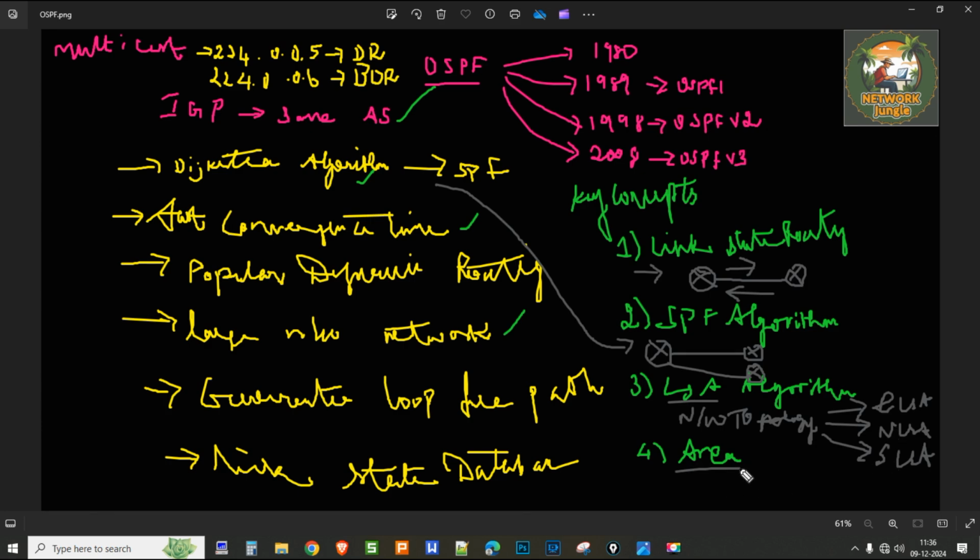Last one is the area. In OSPF, the autonomous system can be divided into areas to reduce the amount of network traffic and improve scalability. Areas help us reduce the segments of the network and limit the scope of topology changes. There are different areas available. Mainly area 0 is the backbone of OSPF.